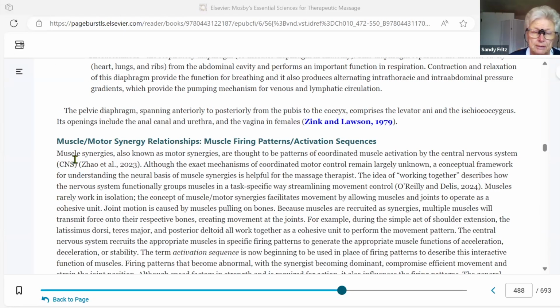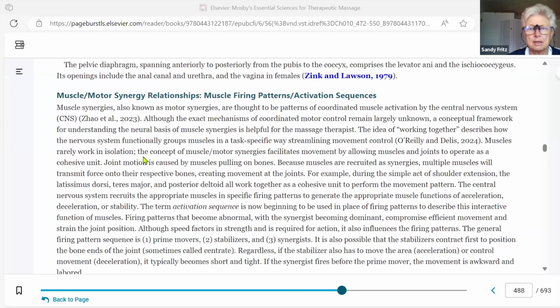So previously I had mentioned this idea of muscle motor synergistic relationships, muscle firing patterns, activation sequence. This is a string of terms that basically means the same thing, but it's how functional muscle units crosstalk to each other in order to produce a multi-jointed movement that has coordination to it.